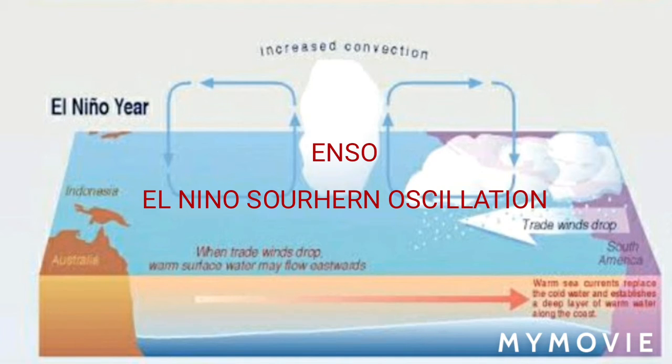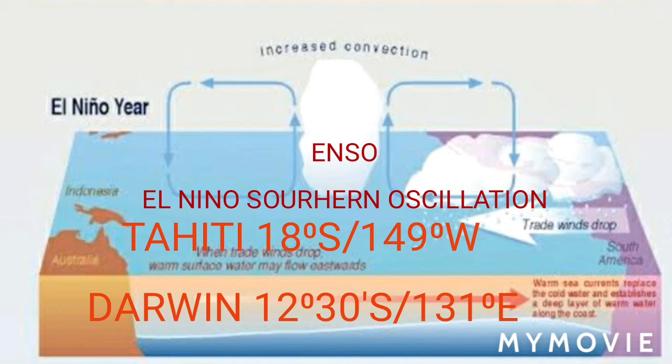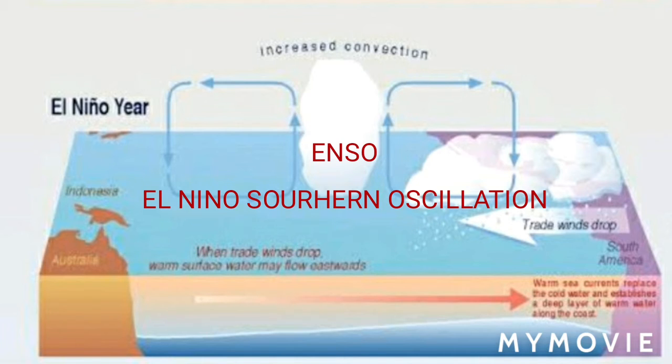The difference in pressure over Tahiti, Pacific Ocean, 8 degrees south, 149 degrees west, and Darwin in northern Australia, Indian Ocean, 12 degrees 30 minutes south and 131 degrees east, is computed to predict the intensity of the monsoons. If the pressure differences were negative, it would mean below average and late monsoon.